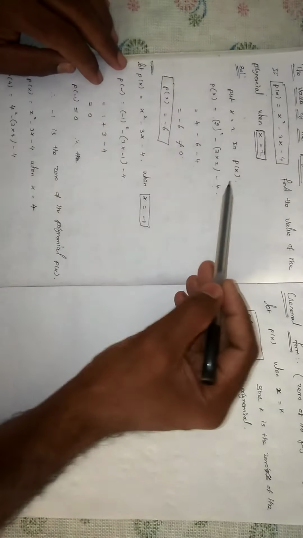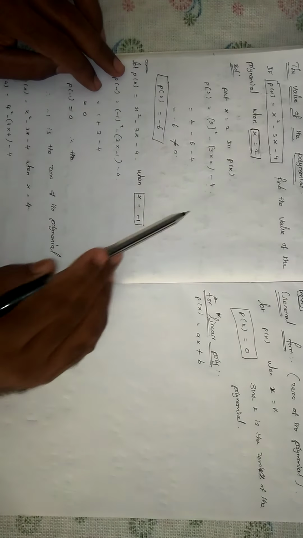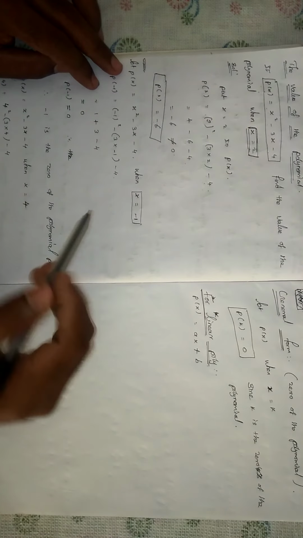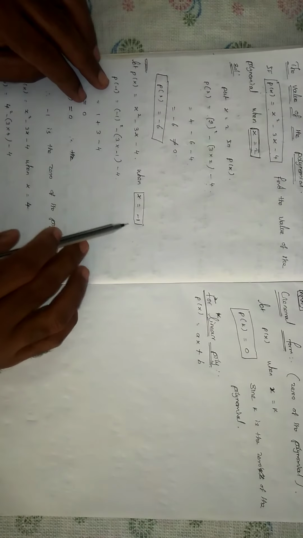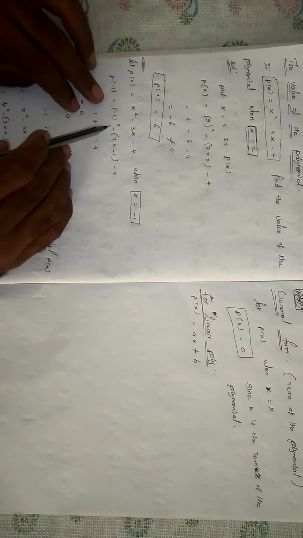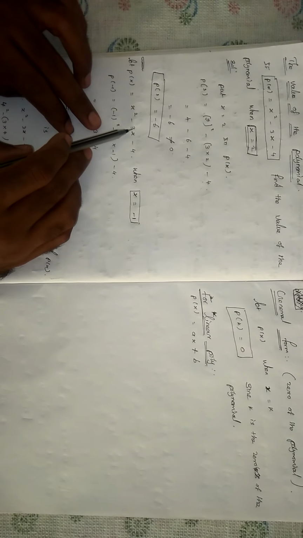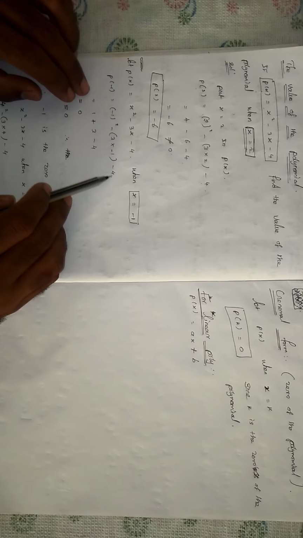Next. We just consider the same polynomial, but we find the polynomial value when x is equal to minus 1. Here we change the x value. So instead of x, I can replace minus 1. In our problem, they give this, and we should find out this alone, right? p of minus 1 equals minus 1 the whole square, minus 3 into minus 1, minus 4.